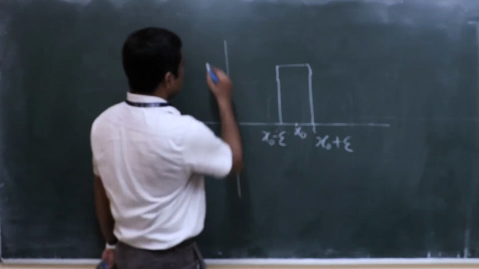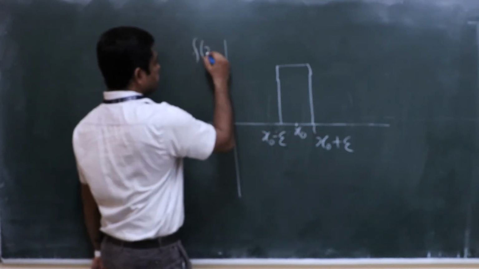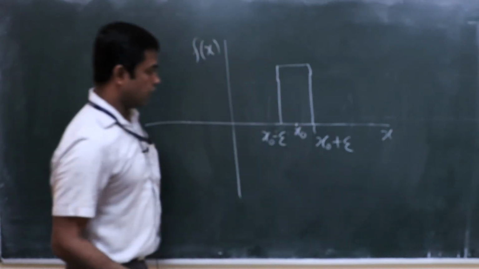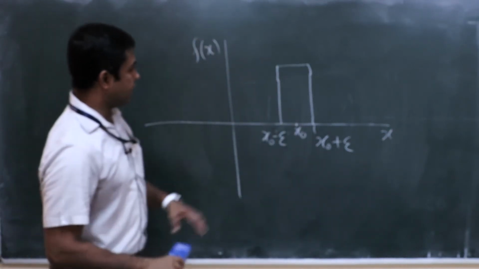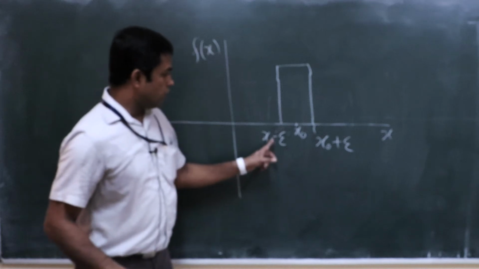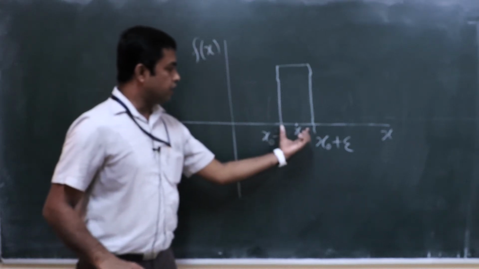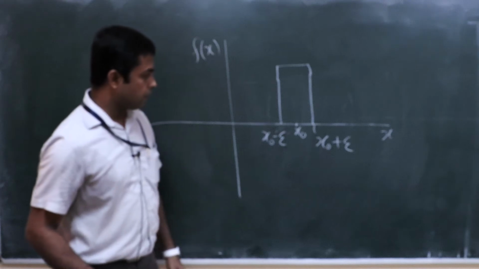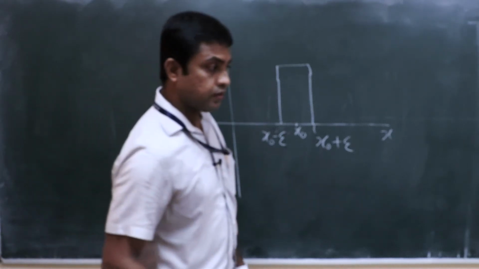Suppose I want the area under this function to be 1. So how do I get the area under this function 1? What is the length here?